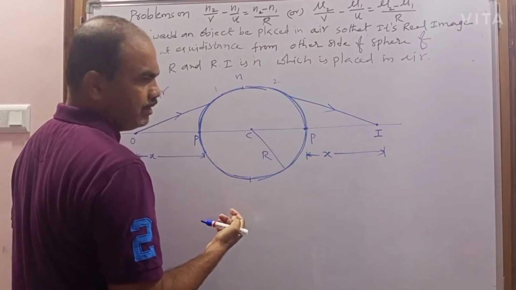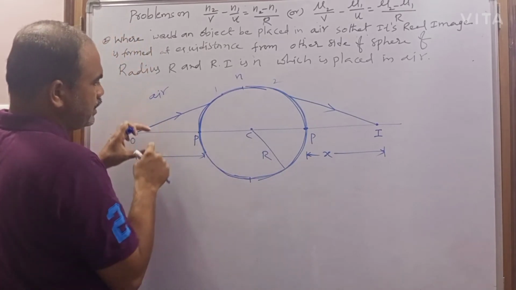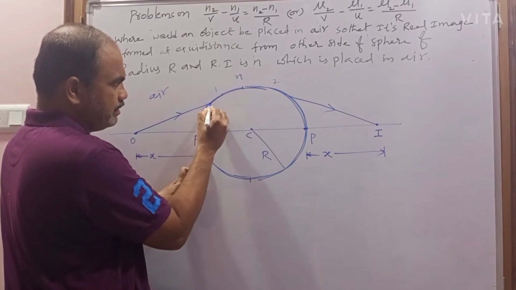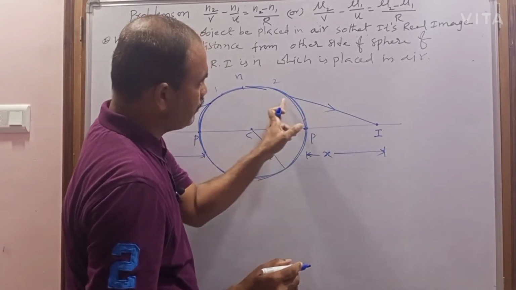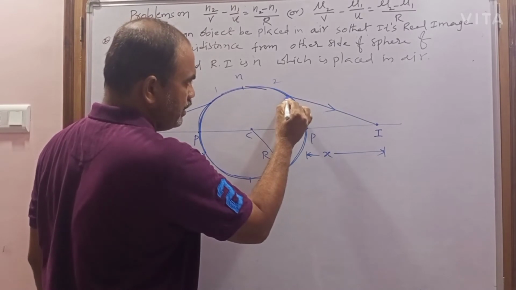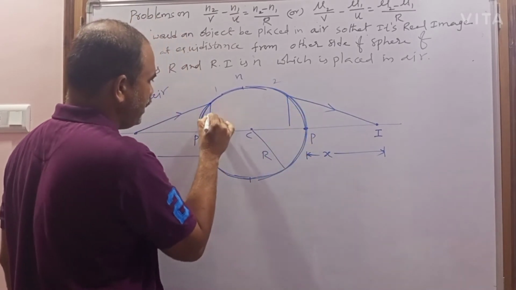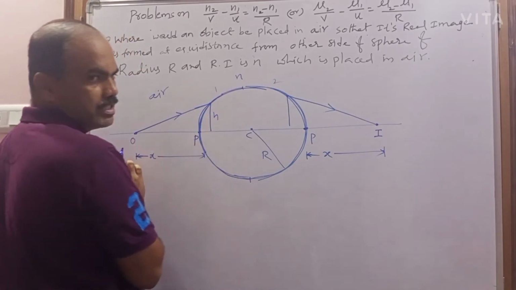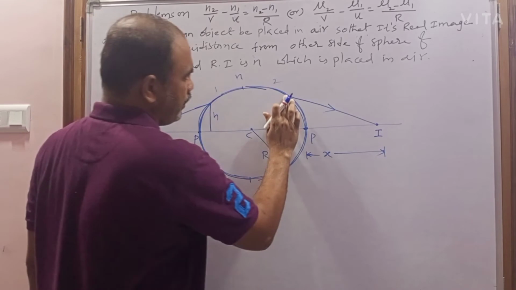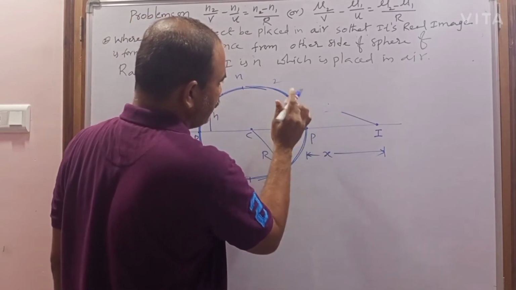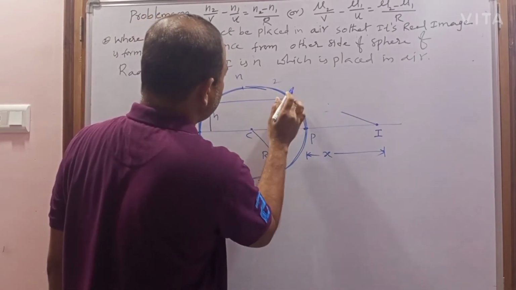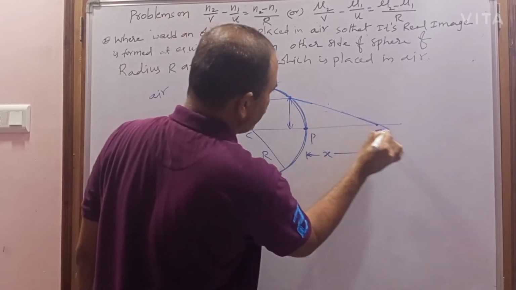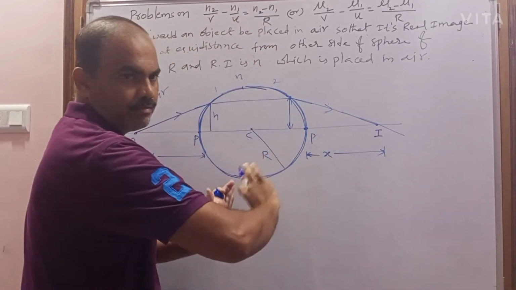That is possible if the incident ray is incident on the first curved surface at a height such that the refracted ray from the second surface comes from the same height. For example, this is incident at height h. So the incident ray which is coming from the object, the refracted ray also comes from the same height. Then only the image can be formed at the same distance on the other side.